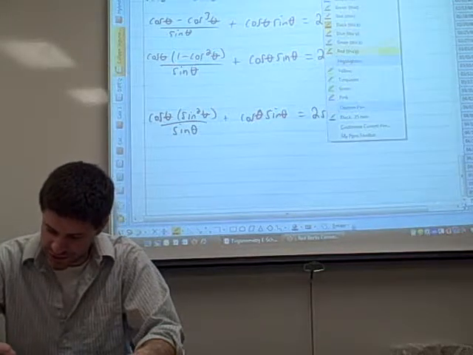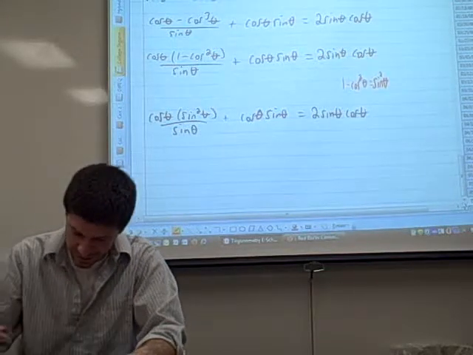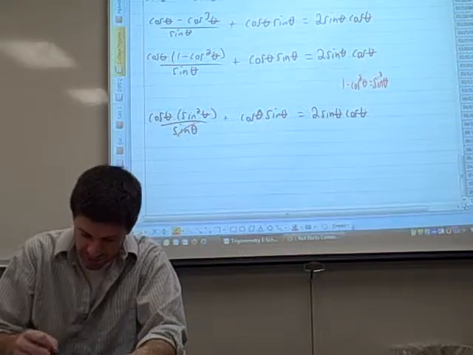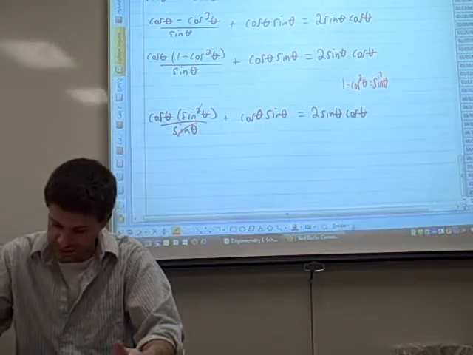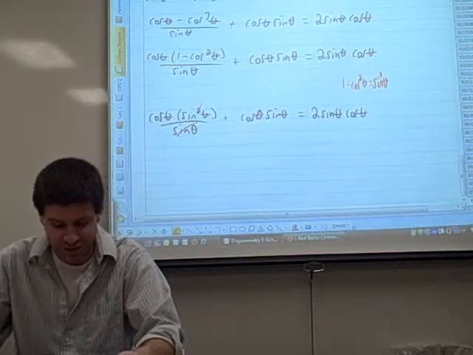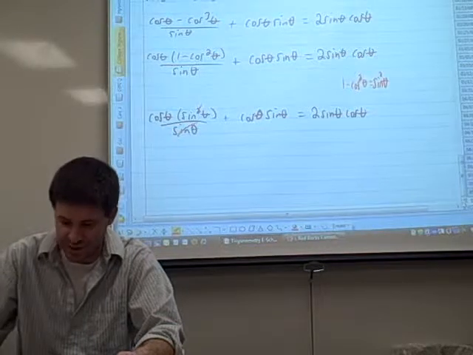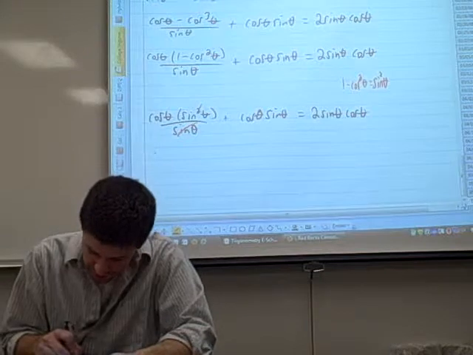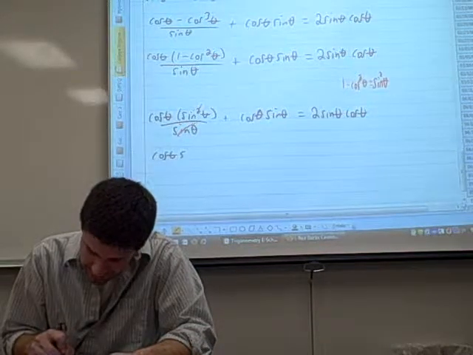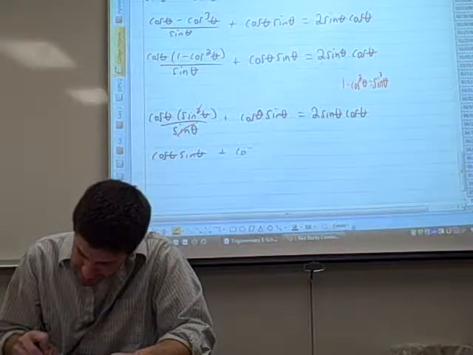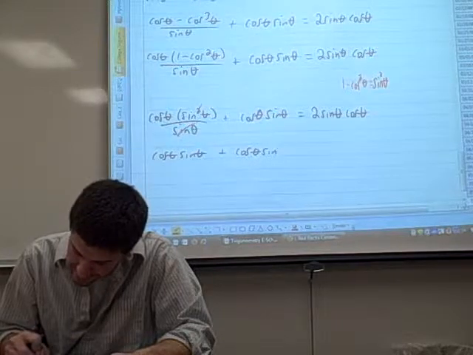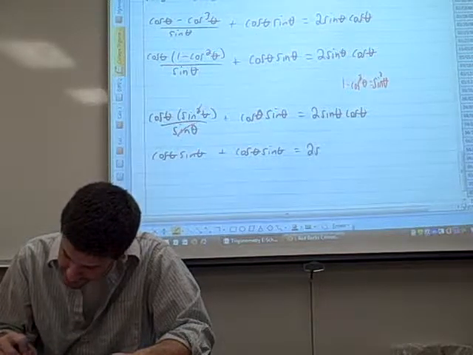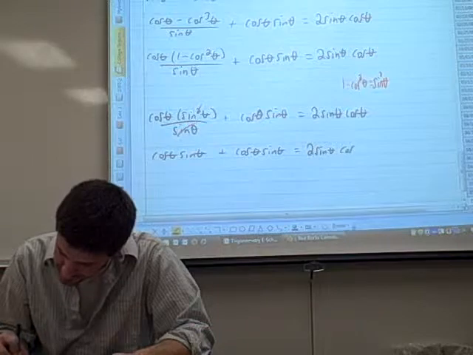Alright, we've taken the most roundabout way that we can for this problem, but it's still going to work. As long as we don't do anything illegal, it's still going to work, because one sine in the denominator cancels with one sine in the numerator. And you have cosine theta sine theta plus cosine theta sine theta equals 2 sine theta cosine theta.